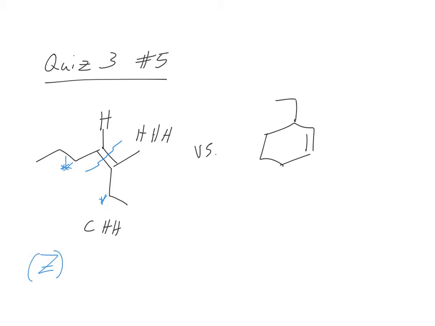If there's more than one pi bond, you need to put a number and tell us where that alkene is. Let's name this now. We need to number our carbons. Which way should we number them? Right to left, yes. Why?